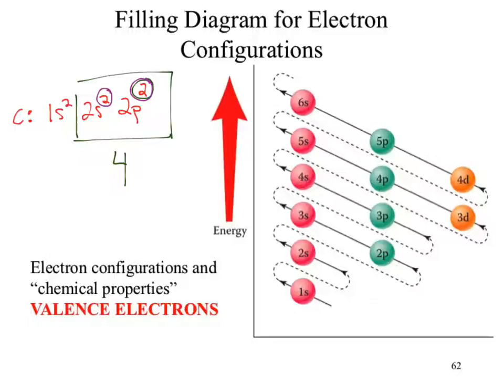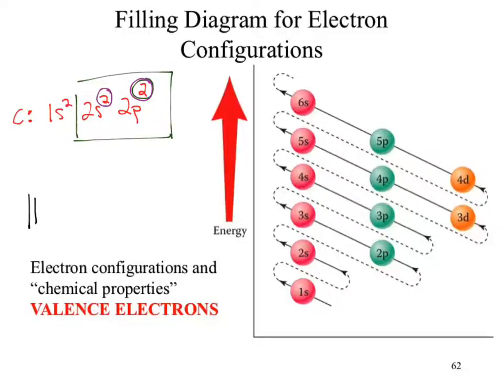I wish I had a tool that had this information already embedded on it. Oh, we do. Carbon, what is the column name for carbon? 14. 14 has 4 in it. What's the Roman numerals? 4. How many valence did carbon have? 4. Let's see if that pattern happens to be consistent.